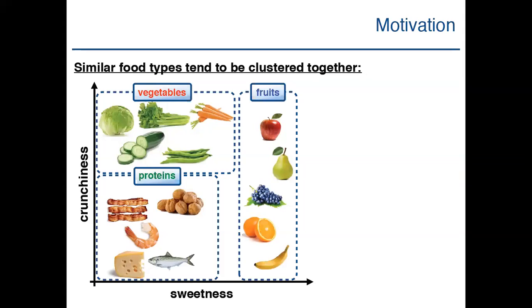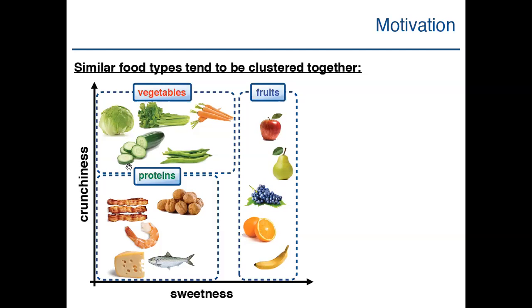Okay, but before that, you try to understand कि जो आपने ये सब कुछ यहाँ पे प्लॉट किया था, how would you categorize these different things? So fruits generally, from your experience, they are high in terms of sweetness, and their crunchiness varies. There are some fruits which have a very low crunchiness, and there are some fruits which have high crunchiness. Vegetables generally are not very high in terms of sweetness.